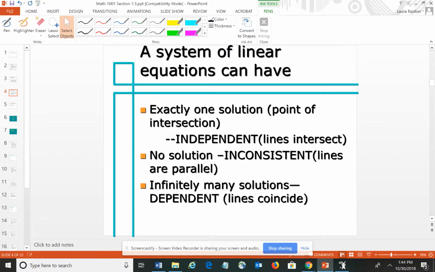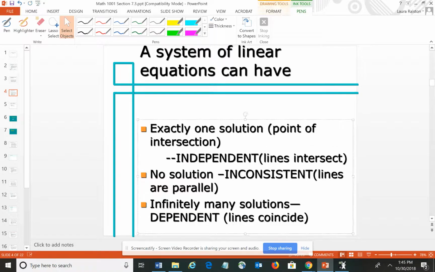And typically, from a visual perspective, with exactly one solution, you would have a set of lines on a graph that intersect at a single point, and that point of intersection would be the solution to your system.